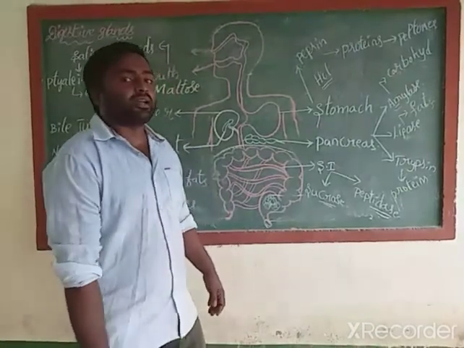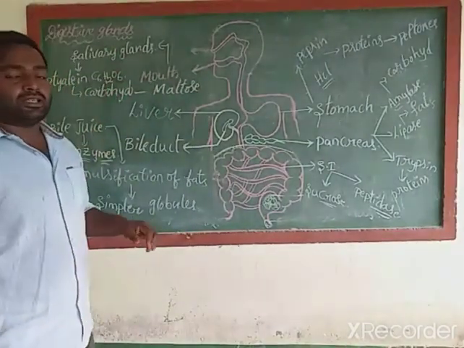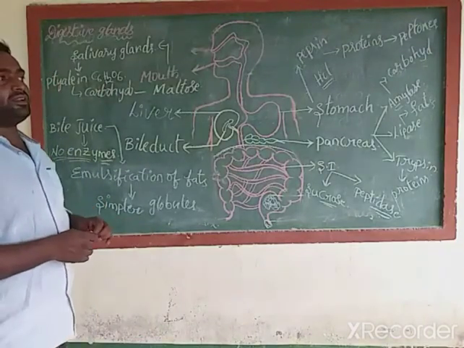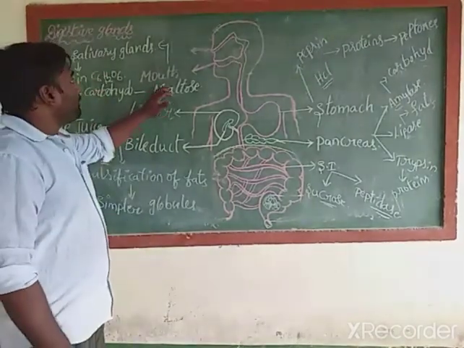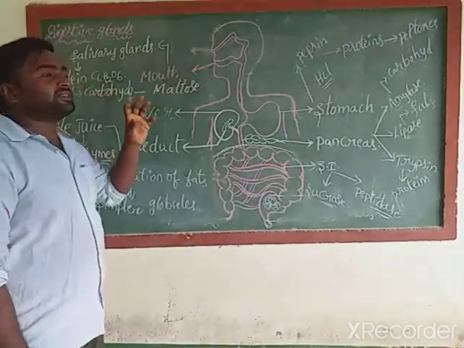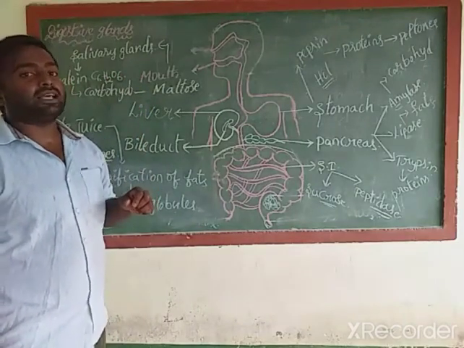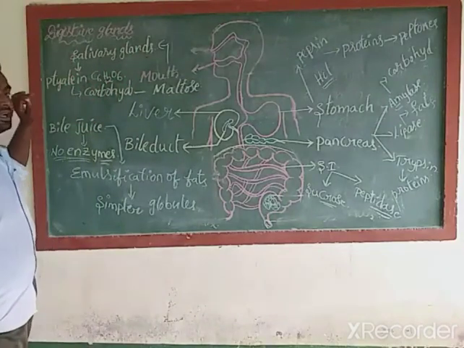Now one more time I am going to recollect the digestive glands for you. In our body some digestive glands are useful for the secretion of digestive juices. First, the mouth. Our mouth contains a liquid-like material called saliva. Saliva is secreted by glands called salivary glands.